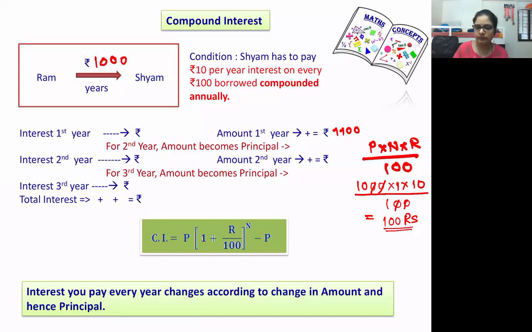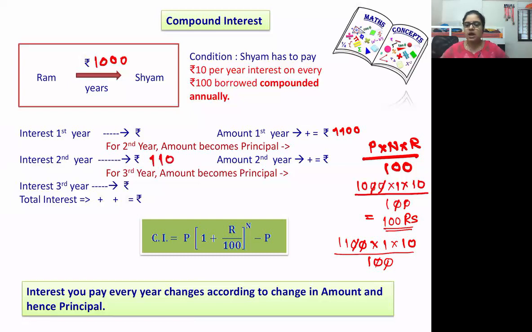Now Ram wanted to lend this 1100 to whom? Raju. If he would have lent this 1100 to Raju with the same rate of interest for 1 year, we can calculate interest again. P into N into R was 10 upon 100. Can we cut 2 zeros here? Yes, and 11 tens are 110.